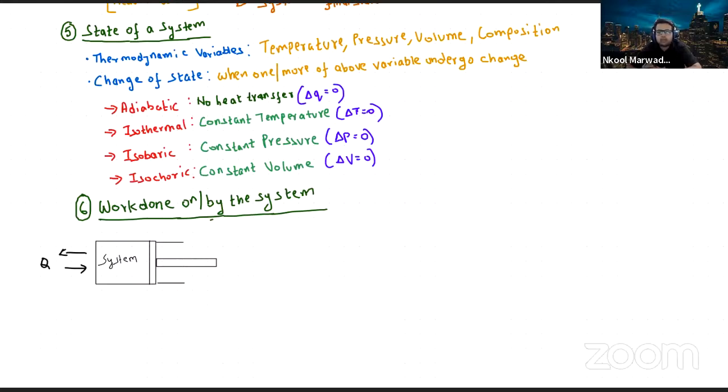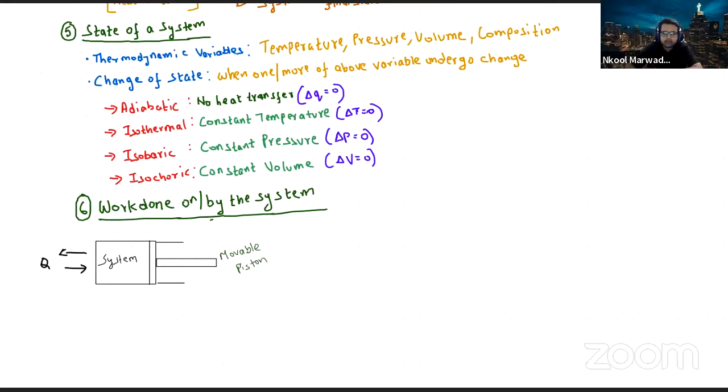It is a closed system wherein exchange of matter is not possible, but exchange of energy is possible. And this is the movable piston. I can compress it, I can stretch it.